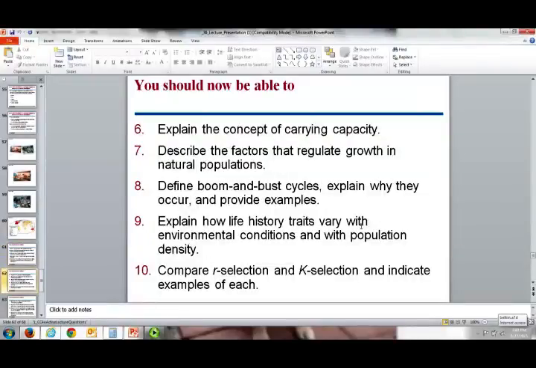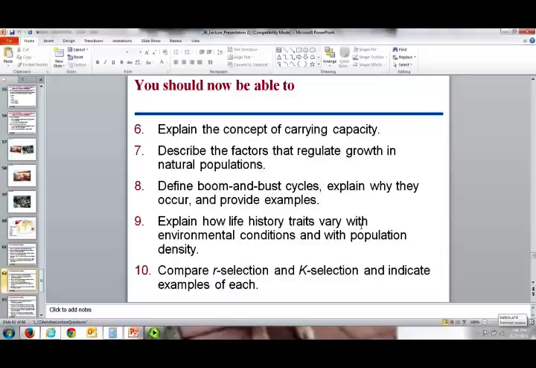Explain the concept of carrying capacity. So you have a worksheet that is going to look at the carrying capacity of the Kaibab deer. Describe factors that regulate growth in natural populations, the boom and bust cycles, how the life history traits vary with the environmental conditions and population density, and then comparing the R-selected and K-selected species.